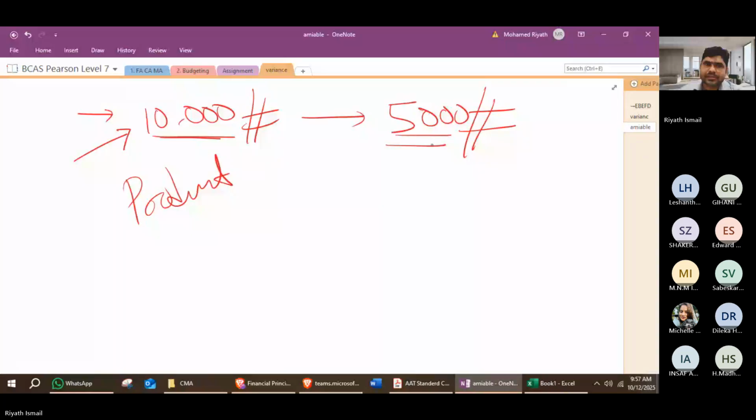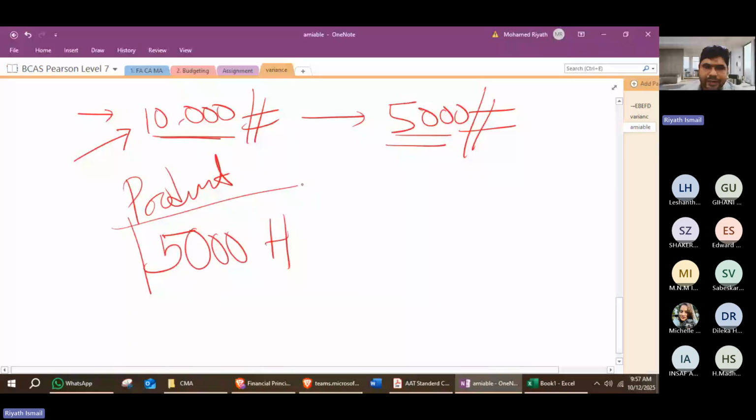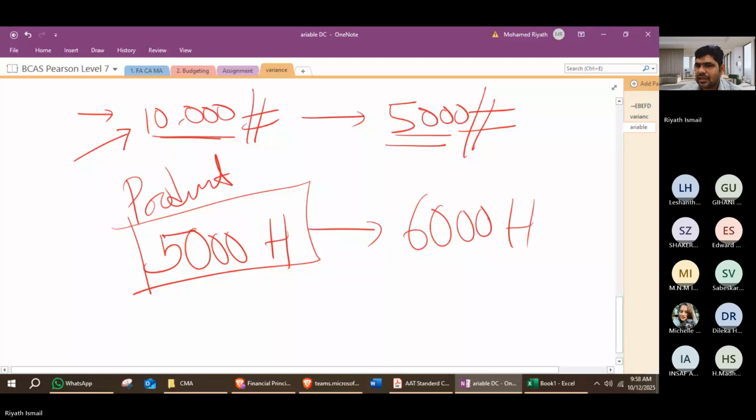Adverse. So here the machine has been rented out for 5,000 hours. But actually, the actual hours it has been used are 6,000 hours. Adverse or favorable?